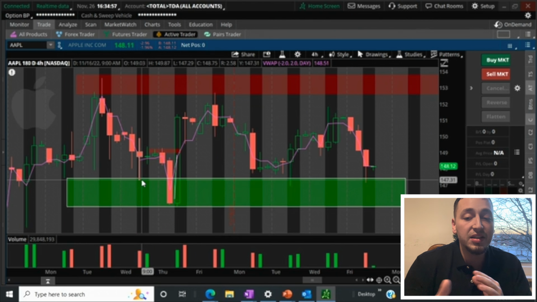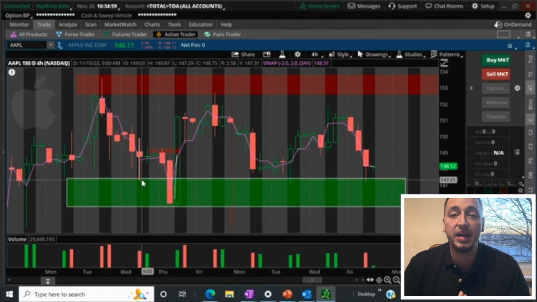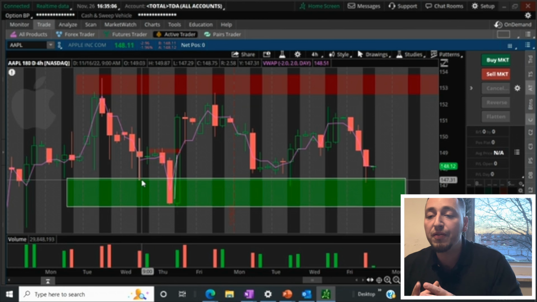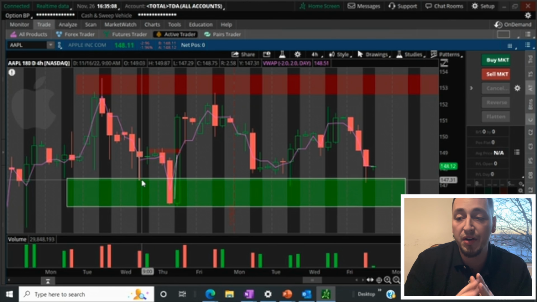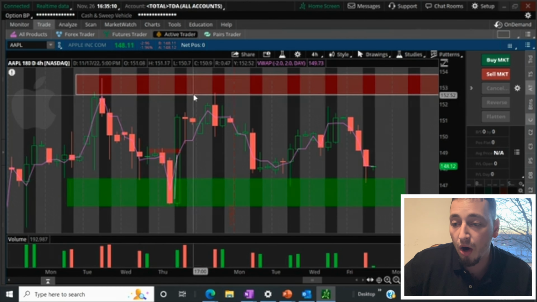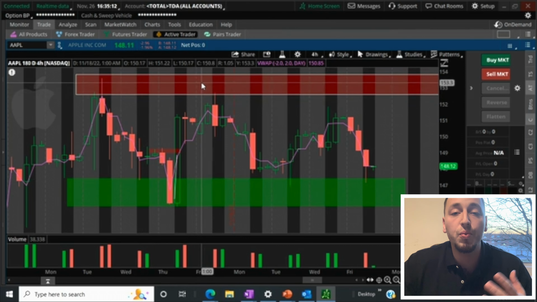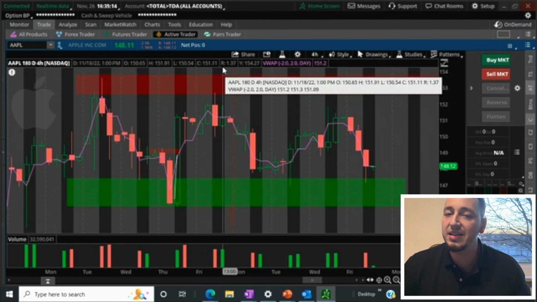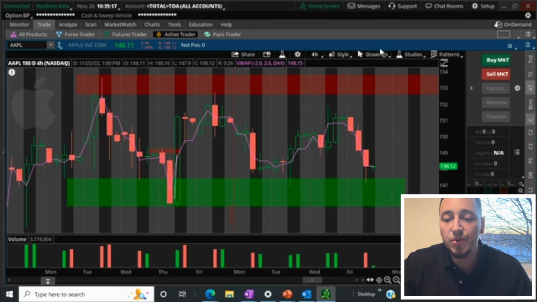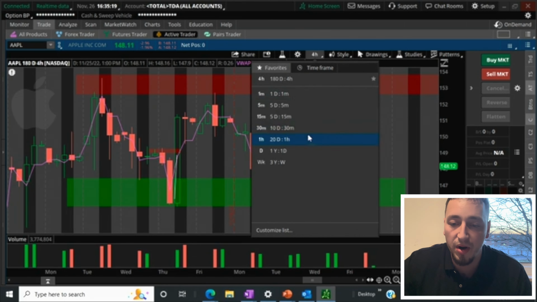But just keeping it simple, every time price hits 147, we're looking for buyers to come in. And on the flip side of that coin, every time we see price enter this 152 to 153 area, we are looking for sellers, right? Simple as that. So now that you've done that, let's break it down to the 1 hour.